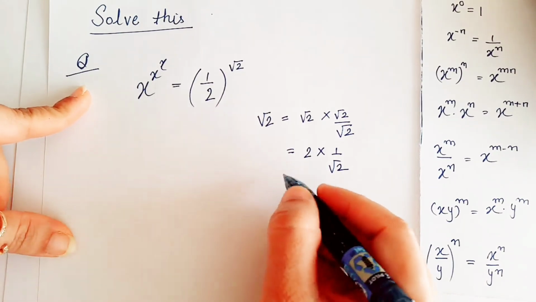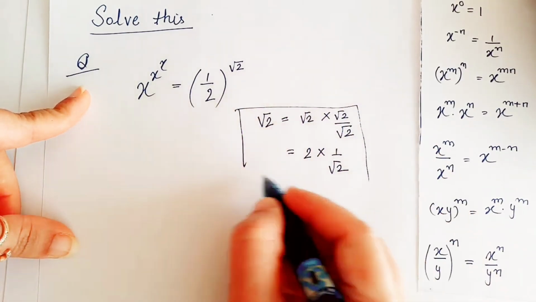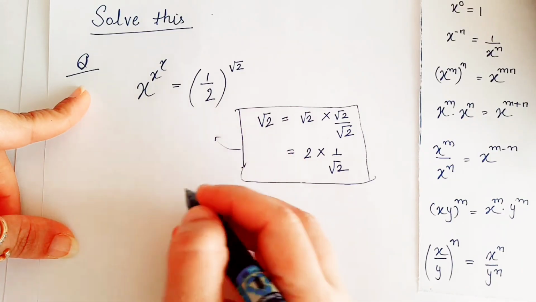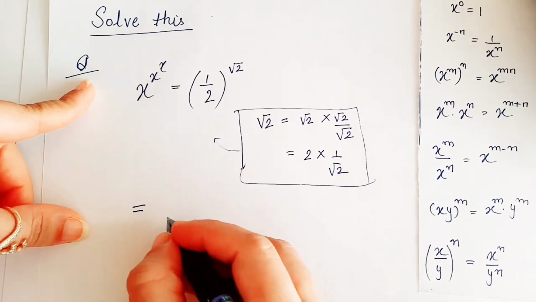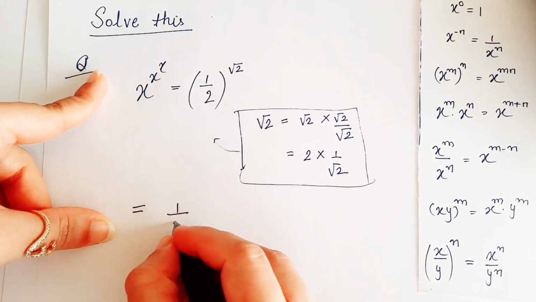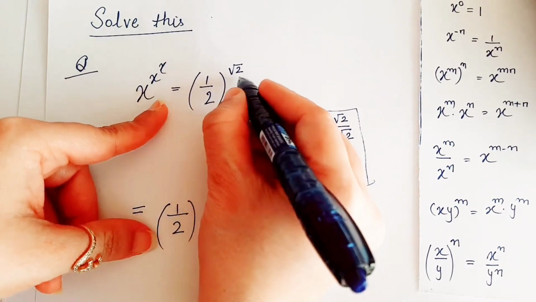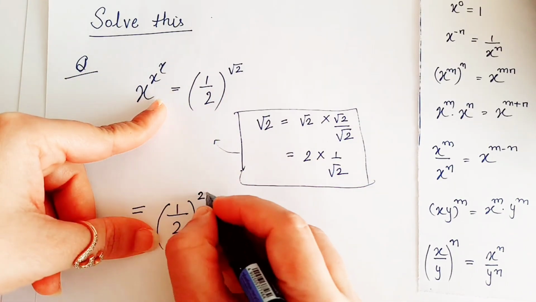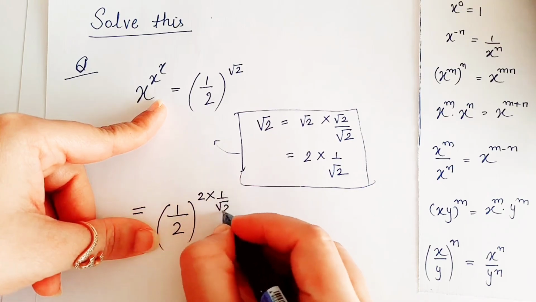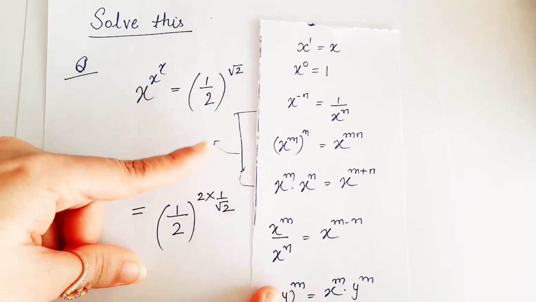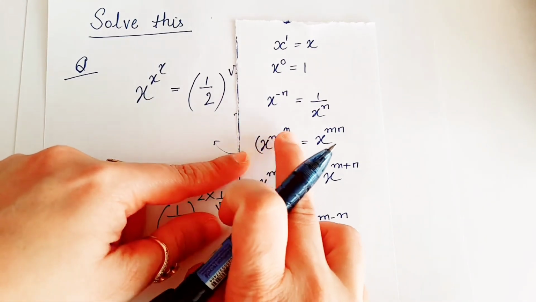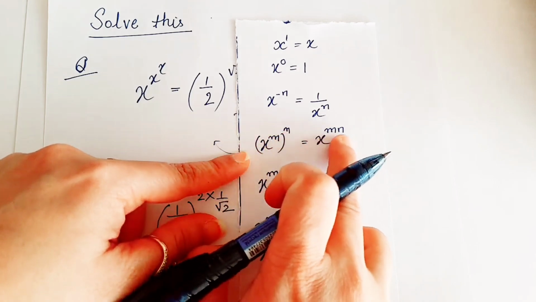Okay. So if we apply this here, what can we get? This is equal to 1 upon 2 raised to power under root 2, and under root 2 is 2 multiply 1 upon under root 2. So x raised to power m raised to power n is x raised to power mn.